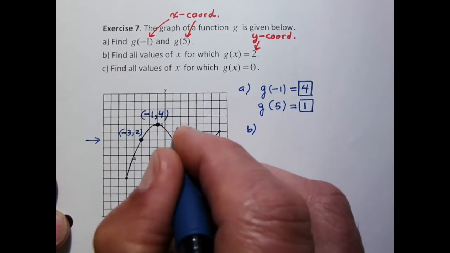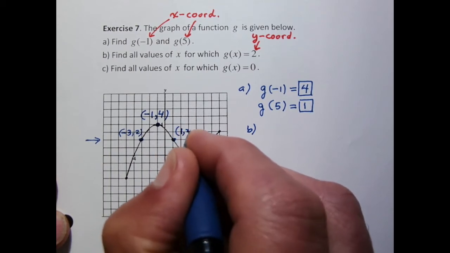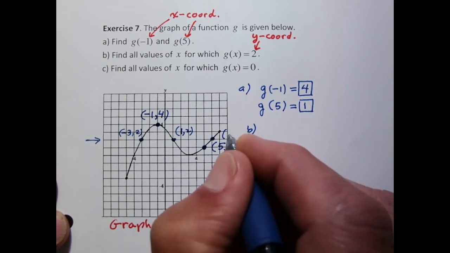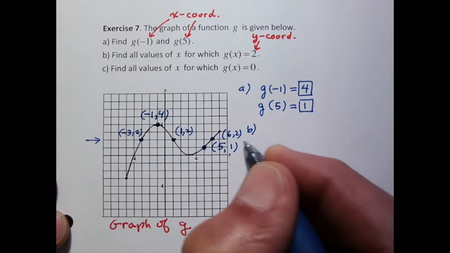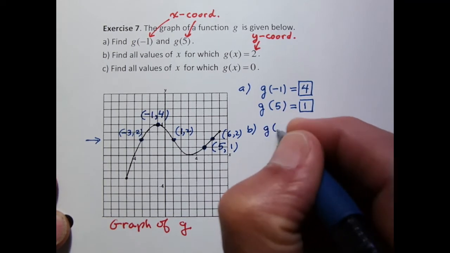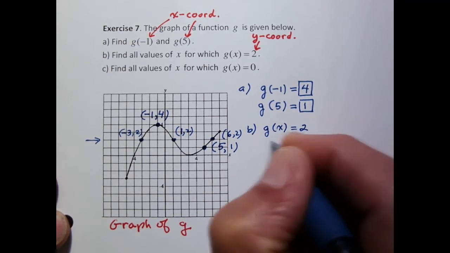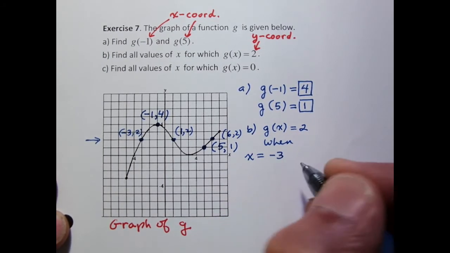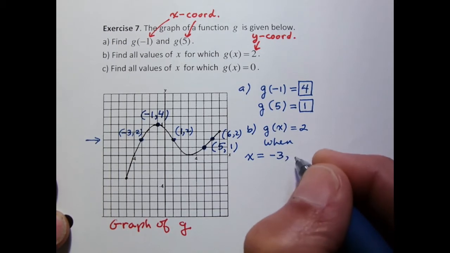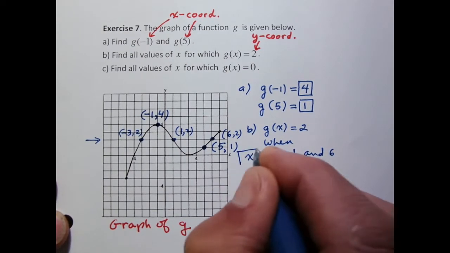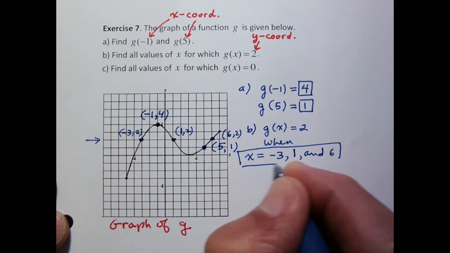I see there's the point 1, 2, and then there's also a point at 6, 2. So g of x equals 2 when x is equal to -3, when x is equal to 1, and when x is equal to 6. So there are actually 3 different x values there.